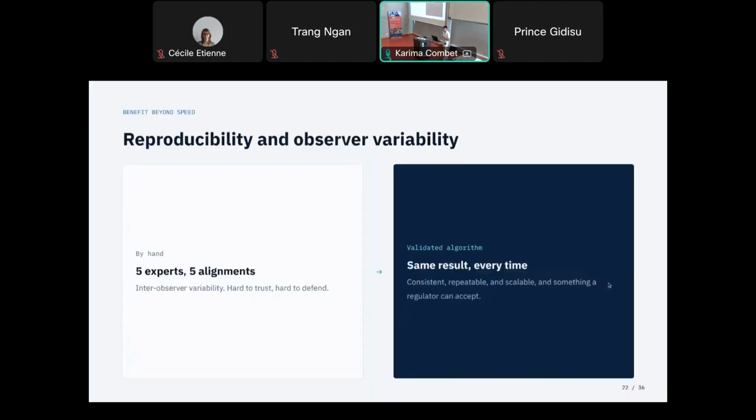Just for the last minutes, we can maybe think about reproducibility and observer variability. We can resolve this kind of problem if we want, for example, an augmented image with the digital twin in the OR.